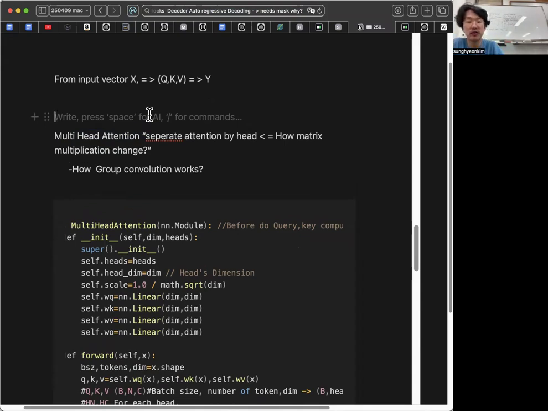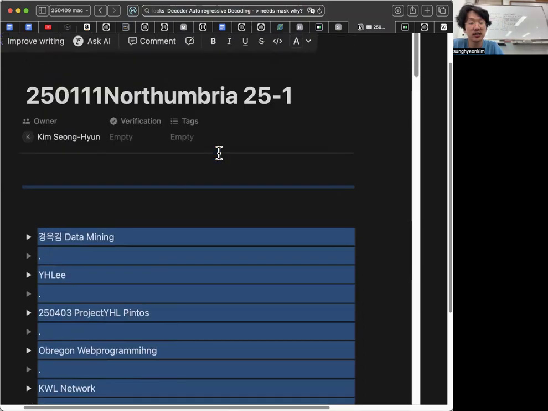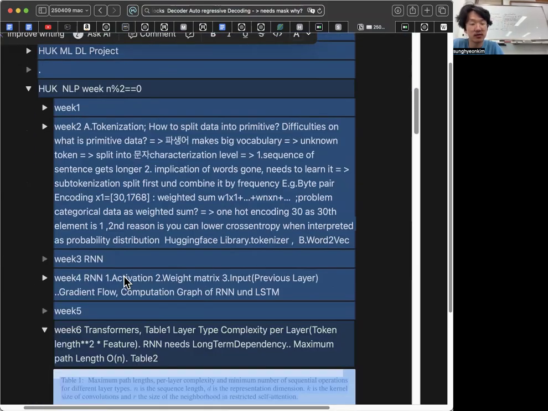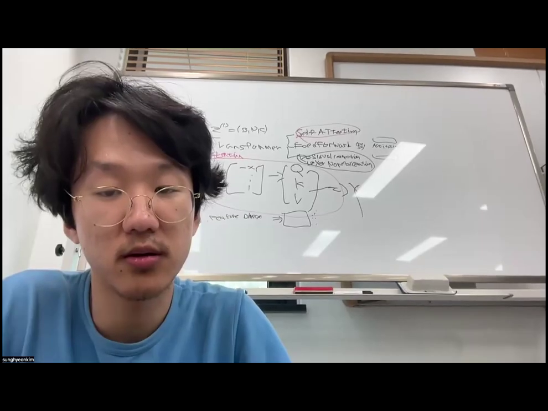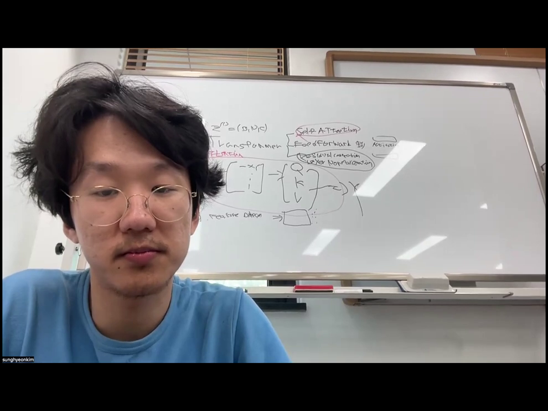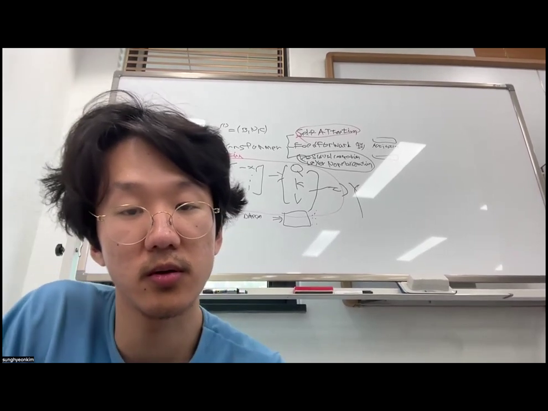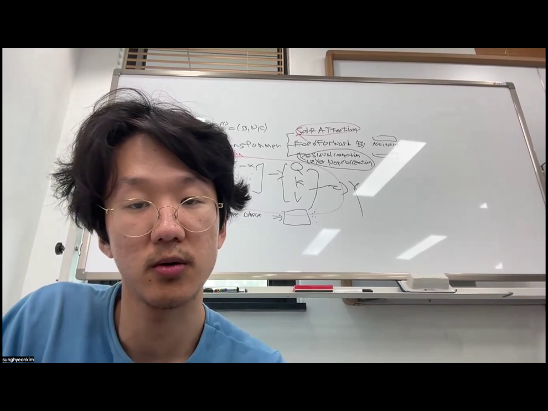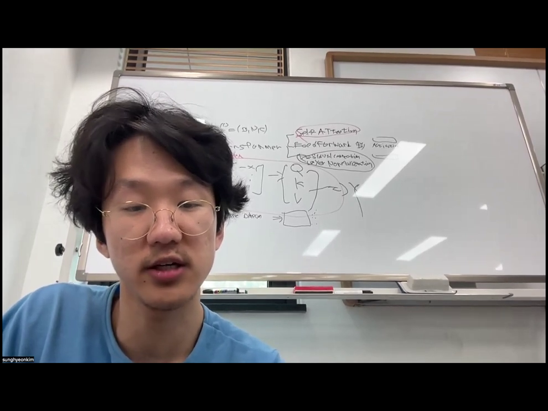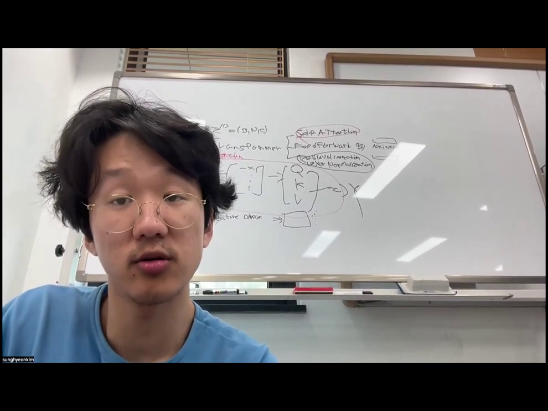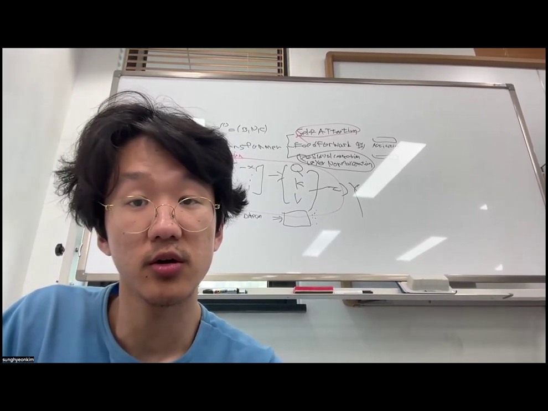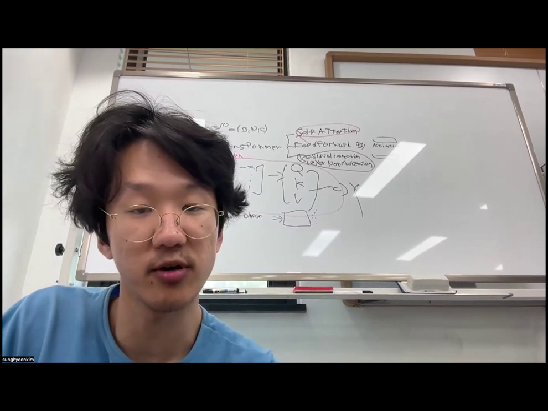We separate the channel by head, so we can see how matrix multiplication changes, and actually it's the same as how group network is working.